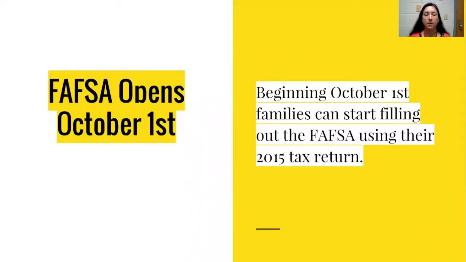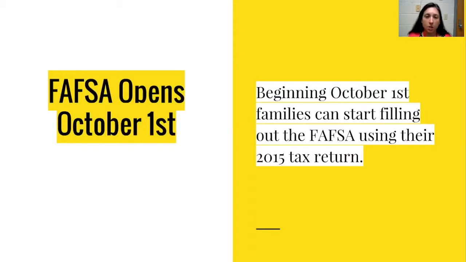Now FAFSA opens October 1st of the year before you plan to attend school. So this October 1st, the FAFSA will open for any student wanting to attend college in the 2017-18 school year, so starting next fall. So all of our seniors now who want to start college next fall can begin their FAFSA on October 1st.